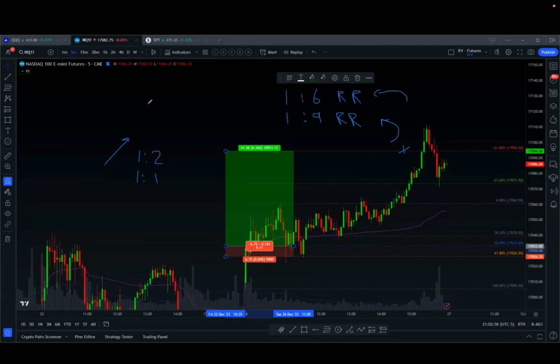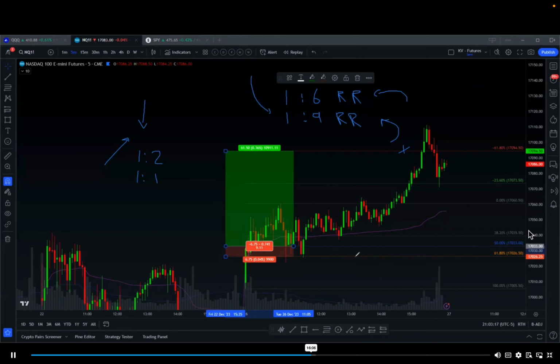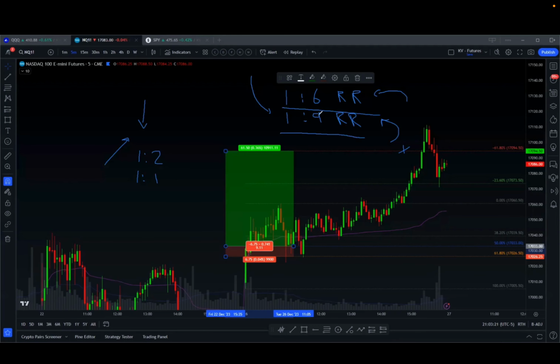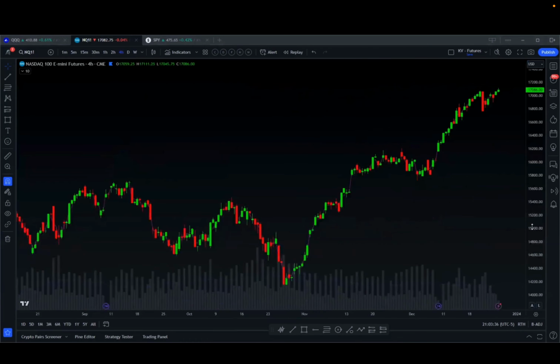This is when you enter more contracts, and this is what you do if you're entering with 1 or 2 contracts. Again, higher risk of failure, but you're making up for those losses because of the high risk and return. And again, guys, no matter how big of an uptrend or downtrend it is always going to stay like this, always. So I wanted to show you guys an example on a bigger time frame as well.